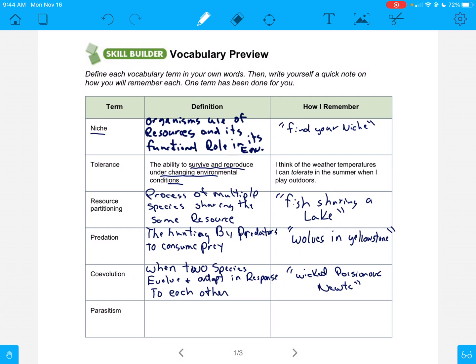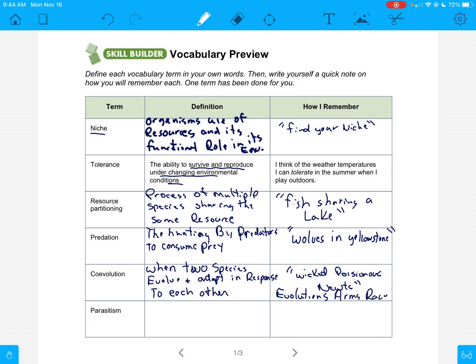And there's a video out there called Evolution's Arms Race. So you can find this movie if you want. It's called Evolution's Arms Race, I believe.